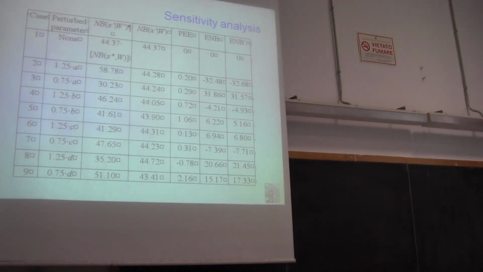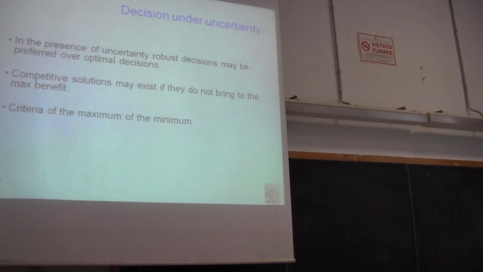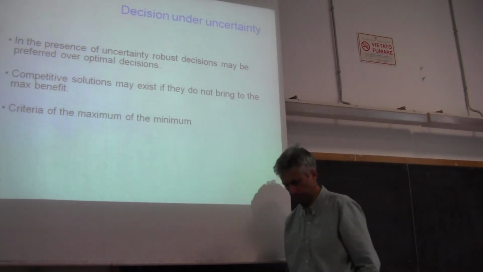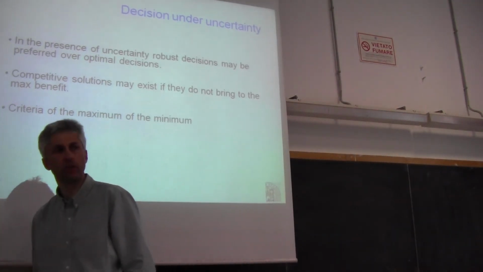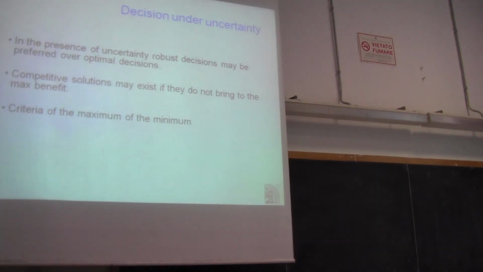Okay, so I said that now we need a method for taking a decision and for accounting for our propensity or reluctancy to take a risk. So, what is a criteria that we could take in order to decide when uncertainty is present?